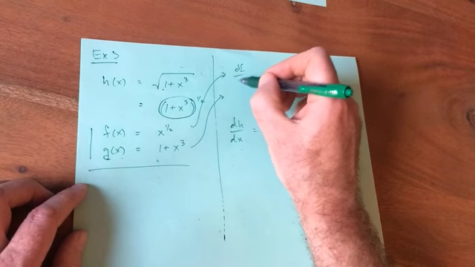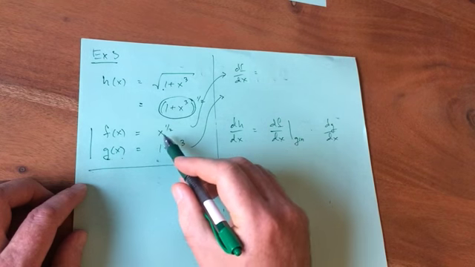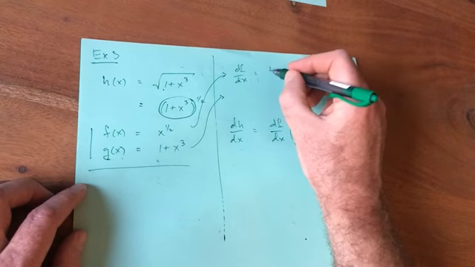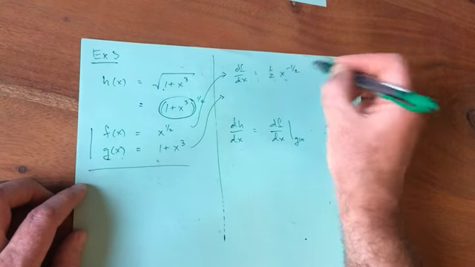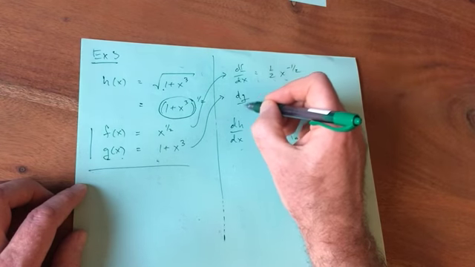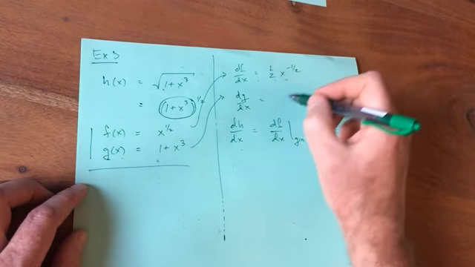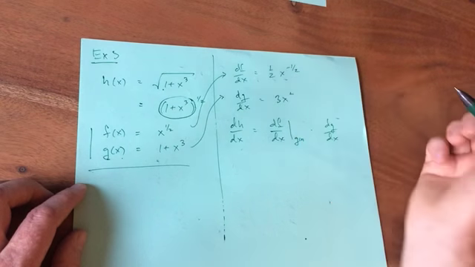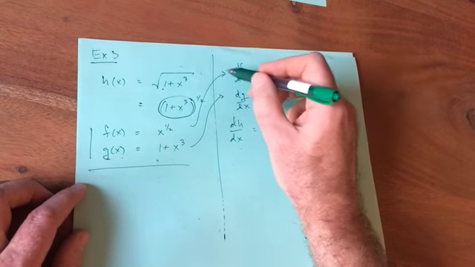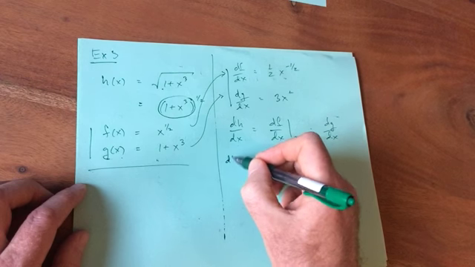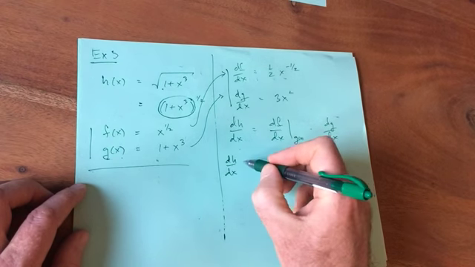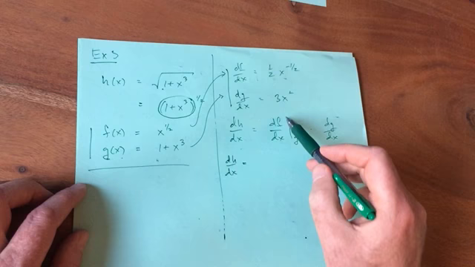So df dx is equal to, and this is again just a power rule, so I get a half x to the minus 1/2, and dg dx is equal to 3x squared. Okay, cool. Now we can substitute these things into our chain rule. So dh dx is equal to df dx.